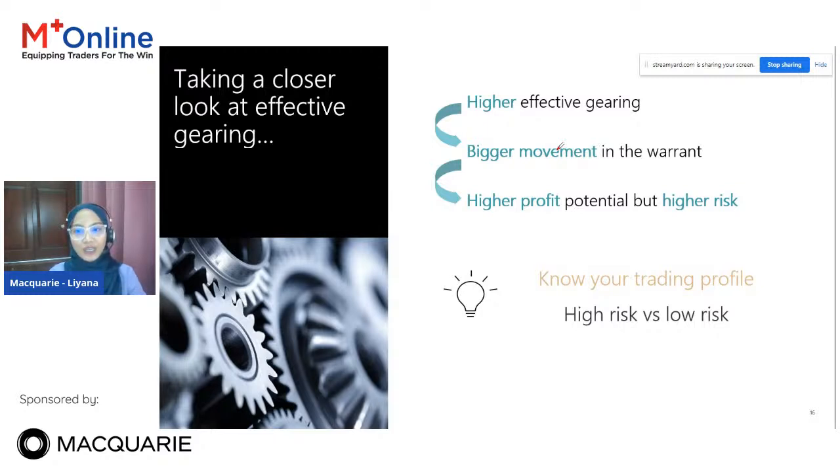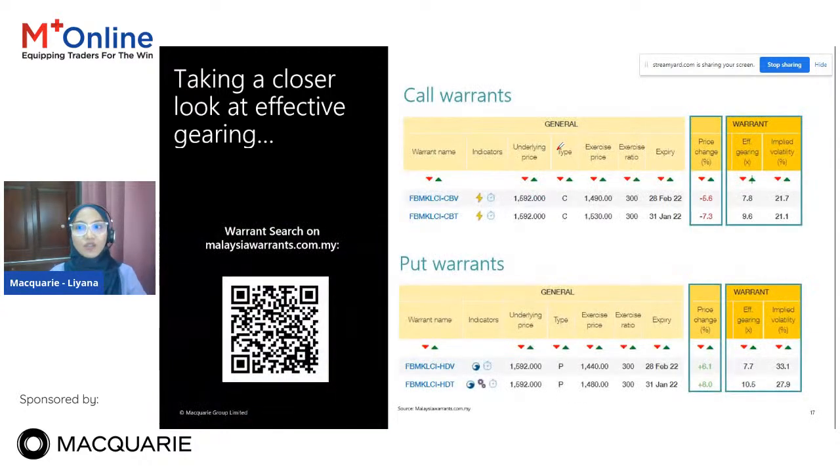Sama ada you ni high risk investor ataupun medium risk investor, which is conservative, ataupun low risk investor. You have to know, and then you trade structured warrants based on the effective gearing yang sesuai dengan trading profile anda. Okay, setakat ni so far so good?